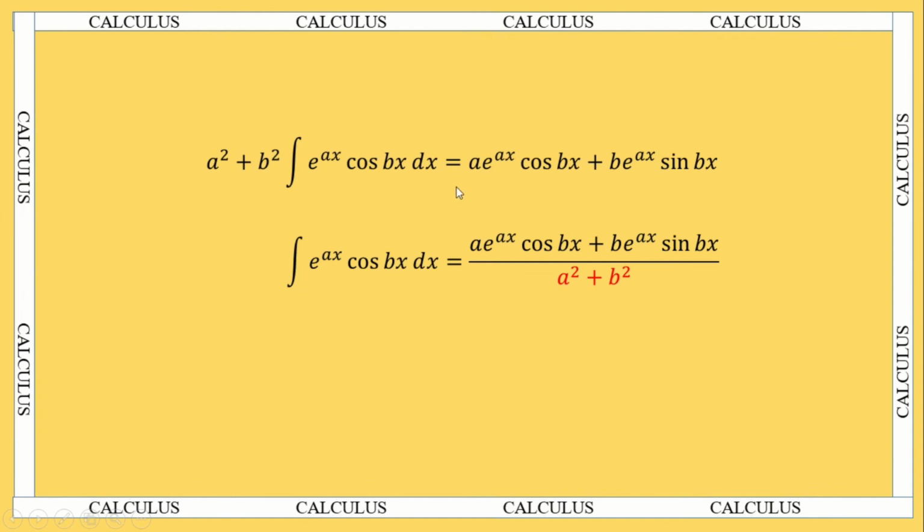Here we need to take a power of 2 plus b power of 2 to the right. It will be divided because we need to leave this integral alone.